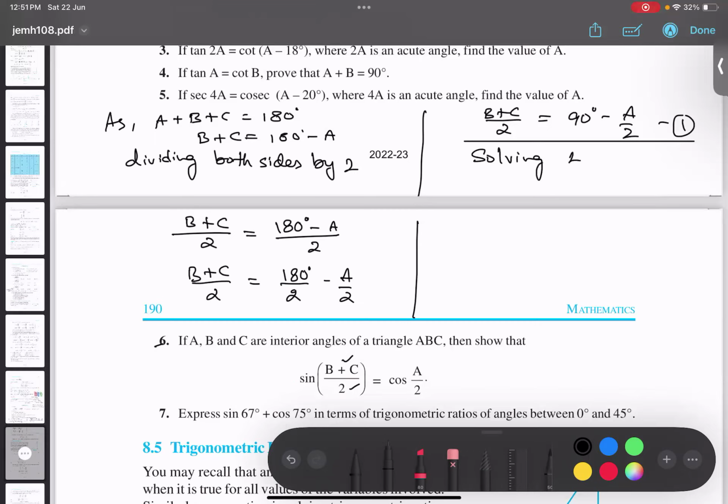Solving the left hand side. What is the left hand side? Sine of B plus C upon 2. Yes or no? So B plus C upon 2 can be replaced by 90 minus A by 2.